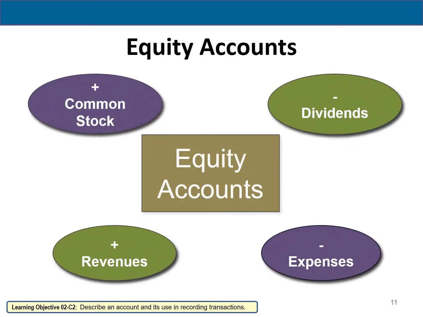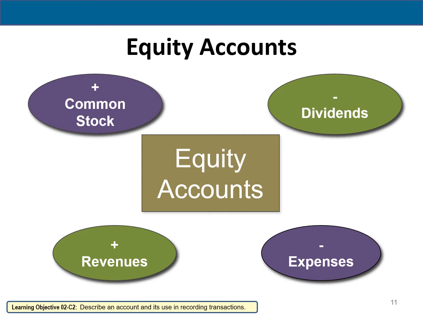Okay, and so then the last piece of our accounting equation are the equity accounts. We defined last week that equity is basically what's left over, or the owner's residual interest in the assets after deducting liabilities. It's also referred to as the owner's claims on a company's assets, which is why it's typically referred to as shareholders' or stockholders' equity.